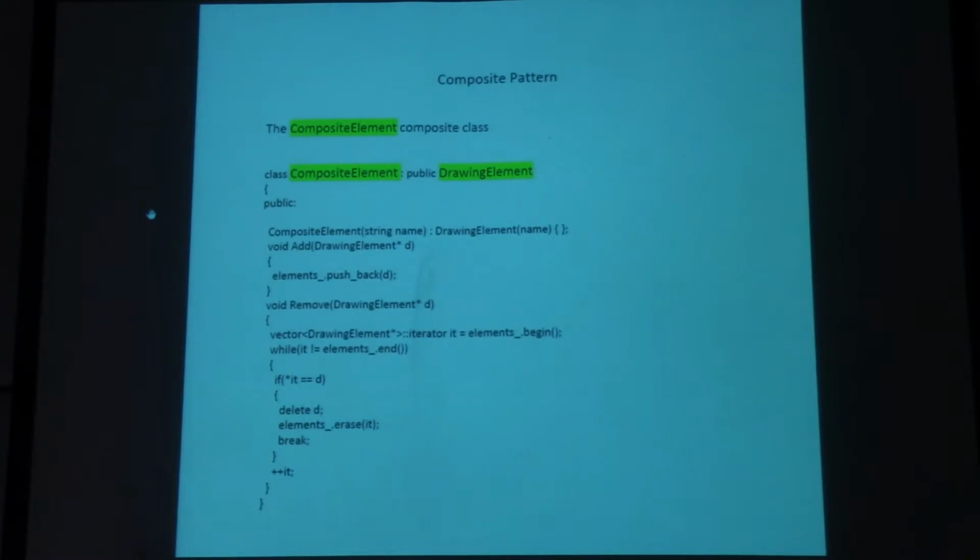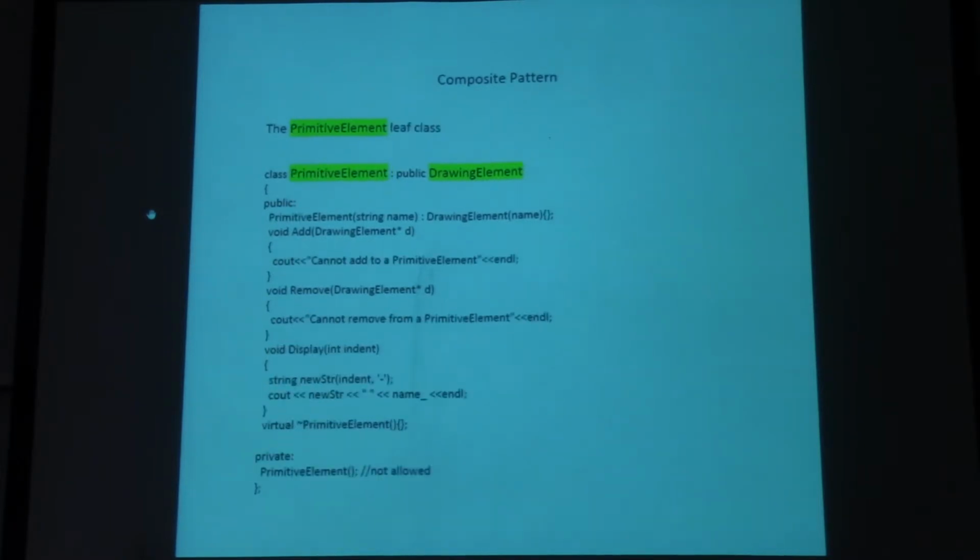Okay, which I'm not really talking about, but we have over here, you can see that we're going to have here vector drawing element pointer. So where's our property going to be someplace here? I don't even see it.